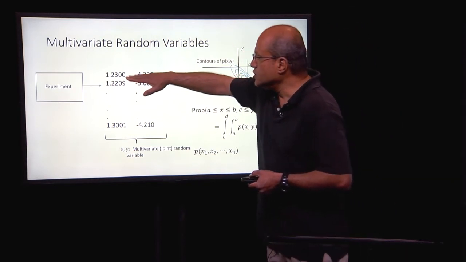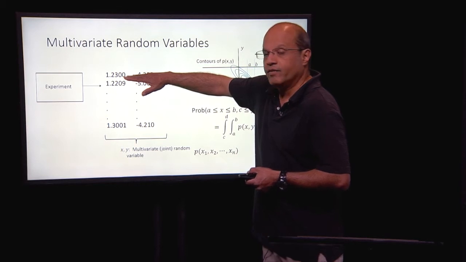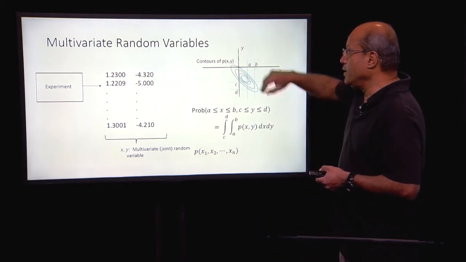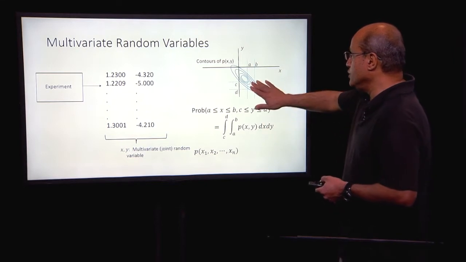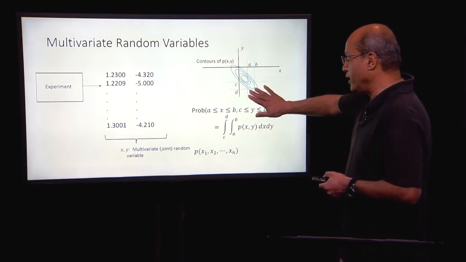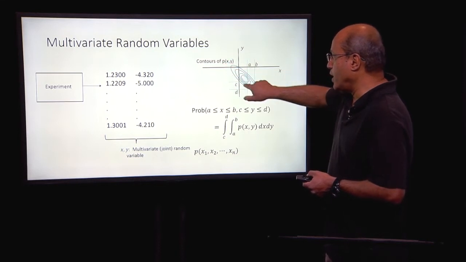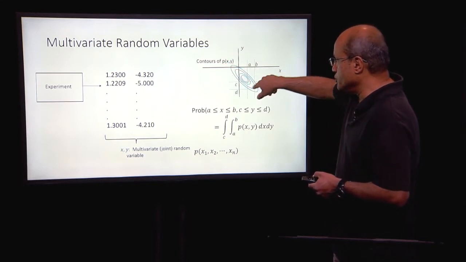So each instance of x comma y that I get from an experiment is a single point in the plane. Then the probability density function is a function on the plane, and I'm going to denote that as p of x comma y, and these are the contours of that function.